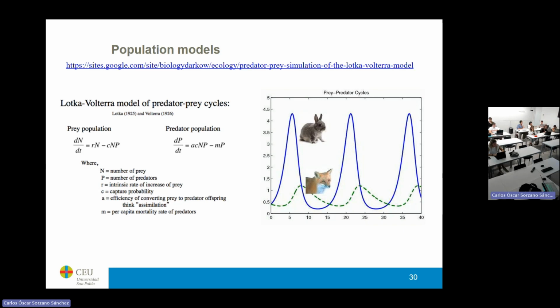Okay, so for instance, looking at this model, is there any effect that we are not modeling in these two equations? What are we assuming in that model? No rabbits die of old age. Yeah, no rabbit dies from age.